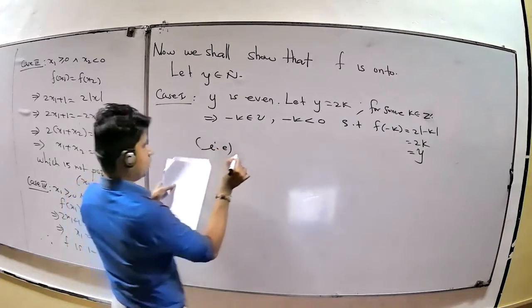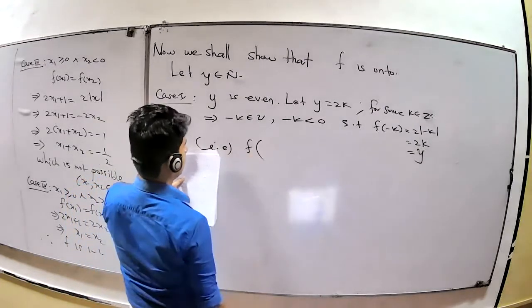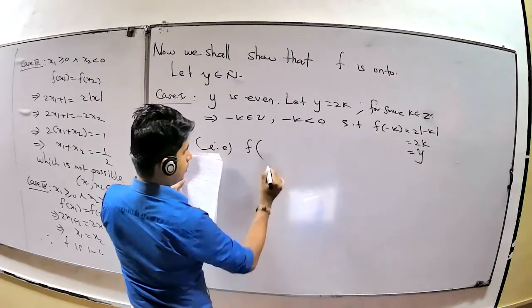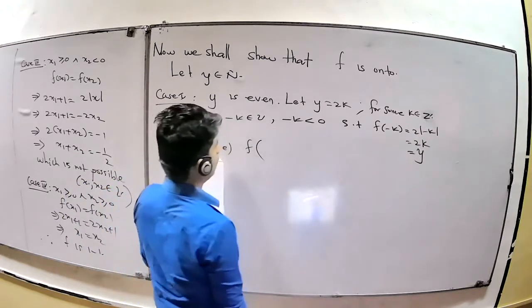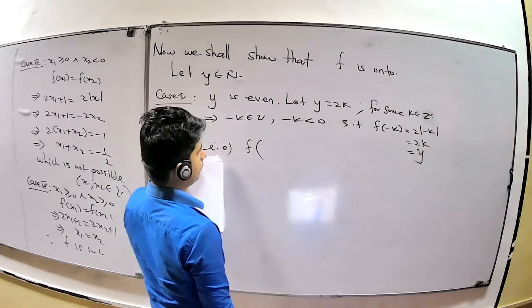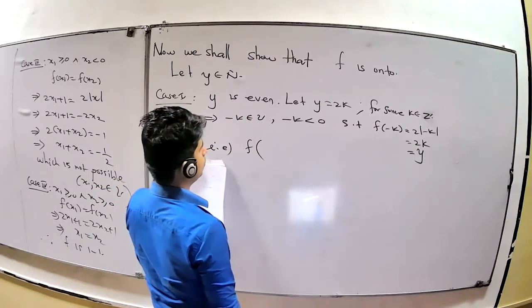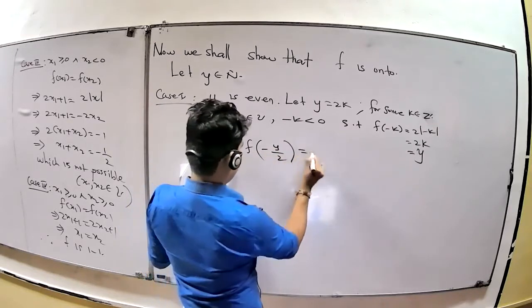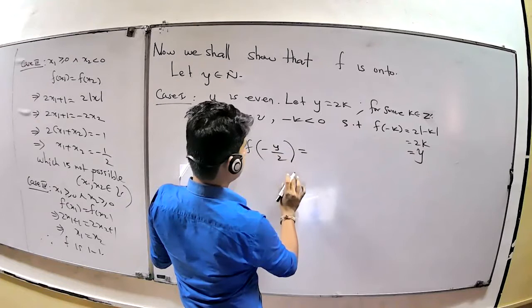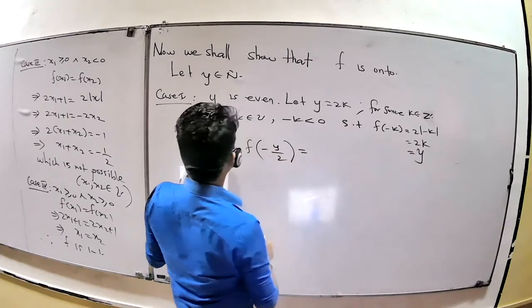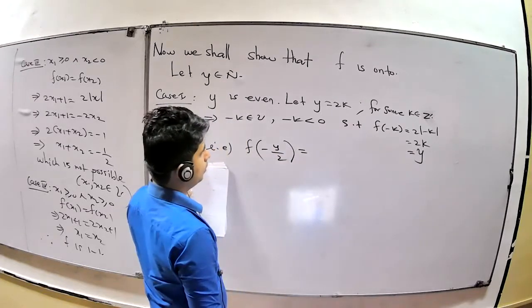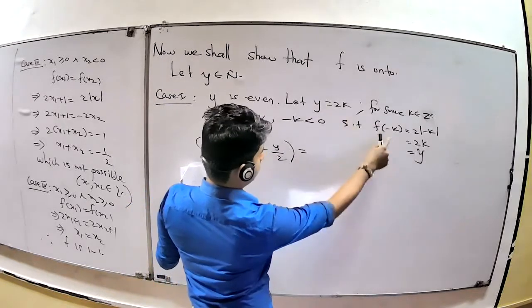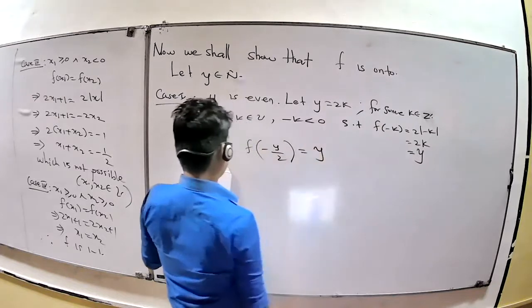That means f of minus k, where minus k equals minus y by 2. Yeah, minus y by 2 case. Putting k as minus k, minus y by 2 equals y, right?